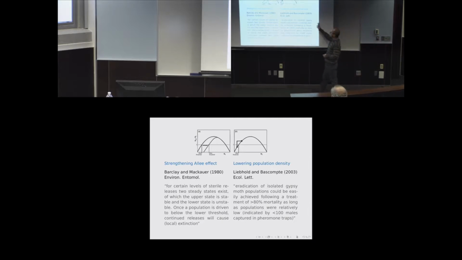This happened with the publication of the paper by Liebhold and Bascompte in Ecology Letters in 2003, where they used a model to show that to eradicate some local populations of gypsy moth, it's not necessary to kill every individual in the population, but it's sufficient to lower the population size below some critical value.